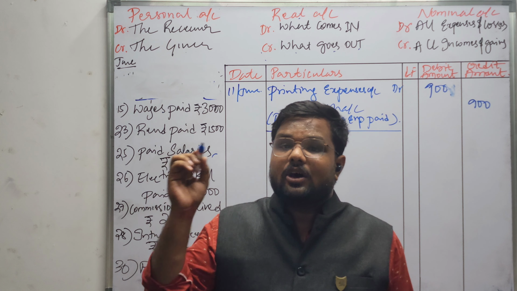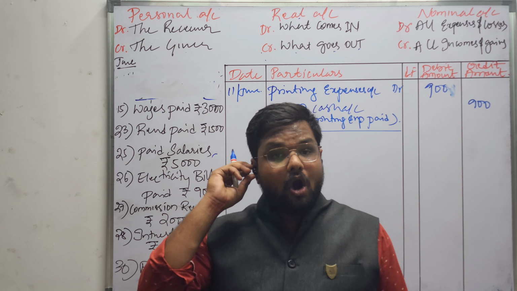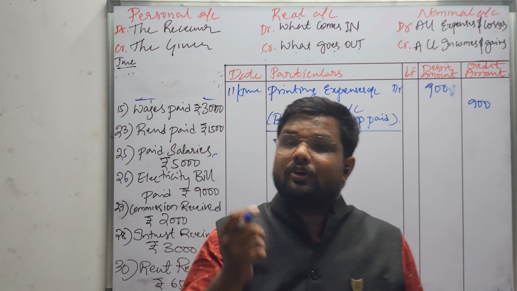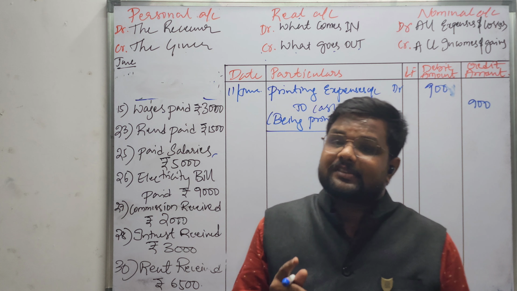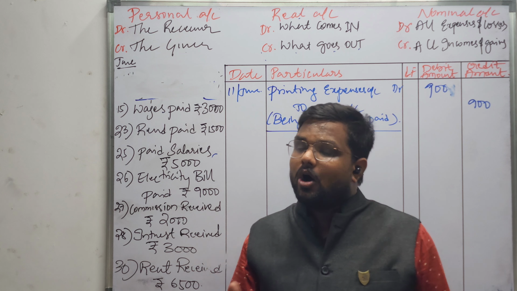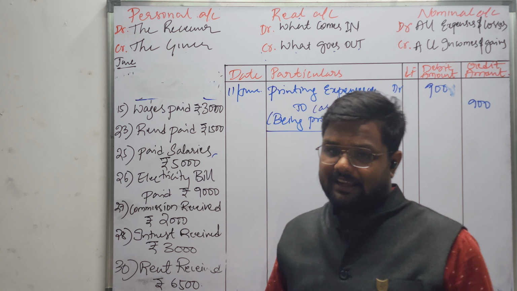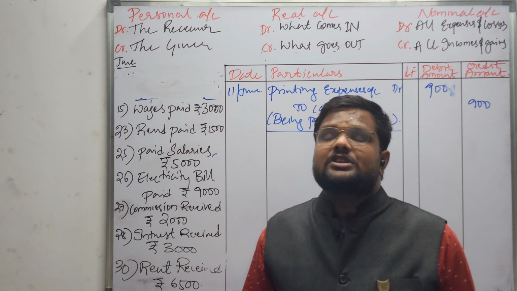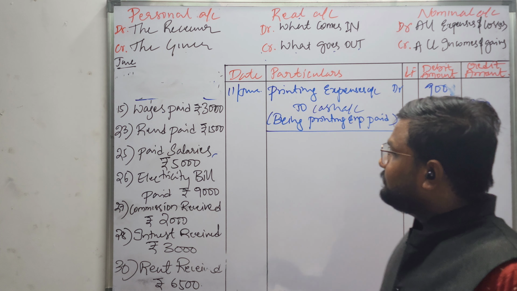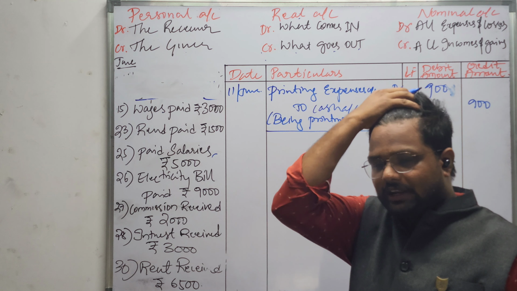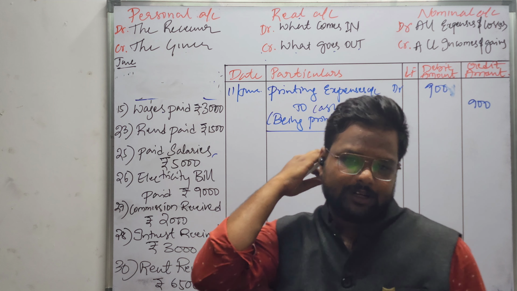Wages are given on a daily basis or weekly basis, but not monthly. If you receive it on a monthly basis, that's your salary. Laborers receive the amount daily or weekly. So wages is also an expenditure for any business.